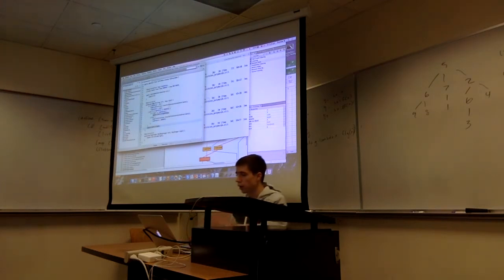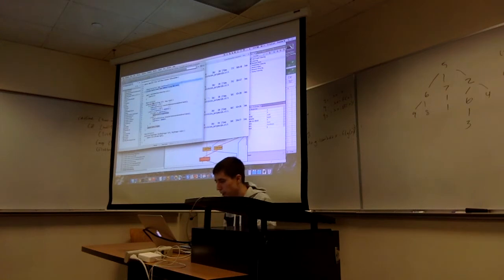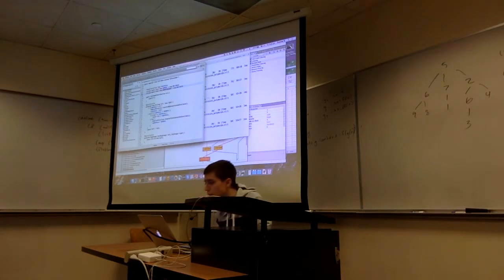Right? So we can make this even clearer by saying uninitialized equals 0, and here I say equals uninitialized.